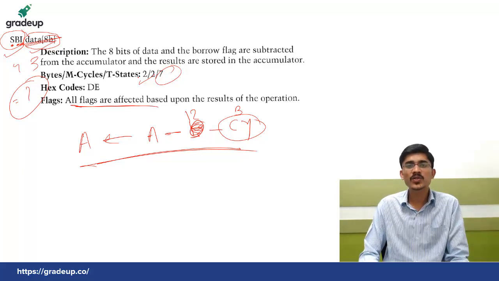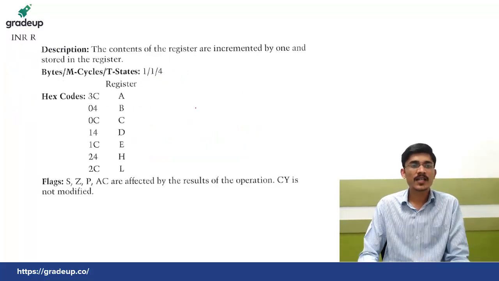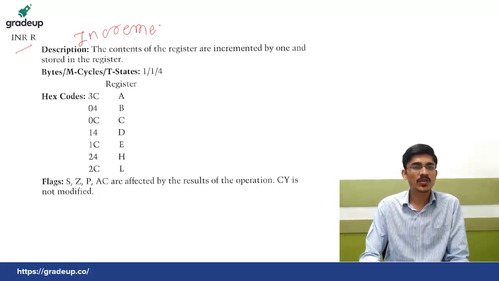So let's begin with the next instruction, which is INR. Basically INR is the short form of increment. So you can remember it this way: INR, increment R. It is going to increment the contents of the respective registers.